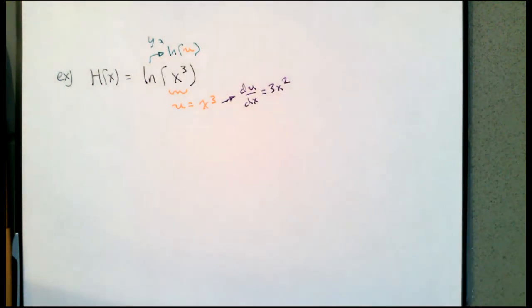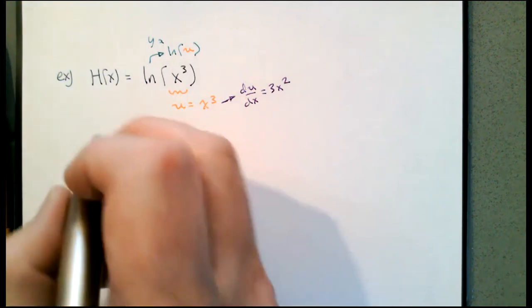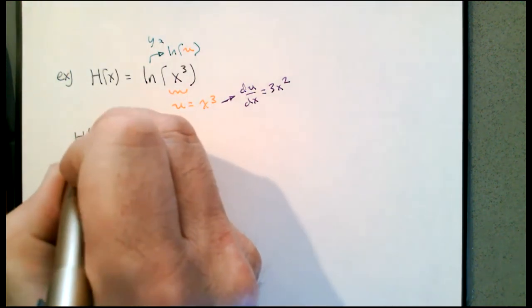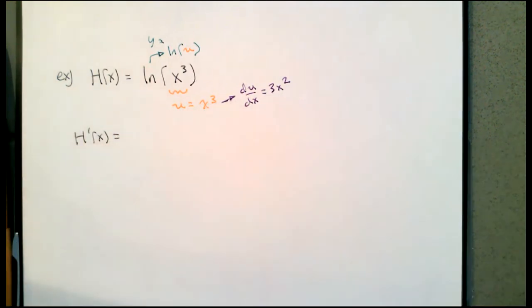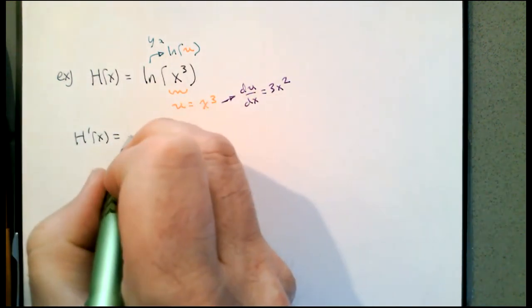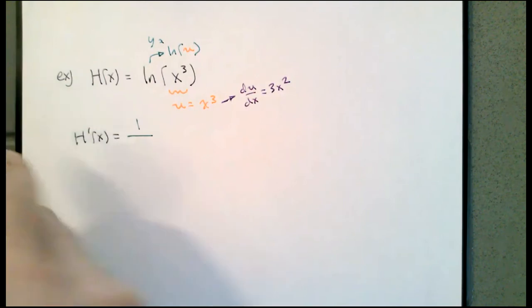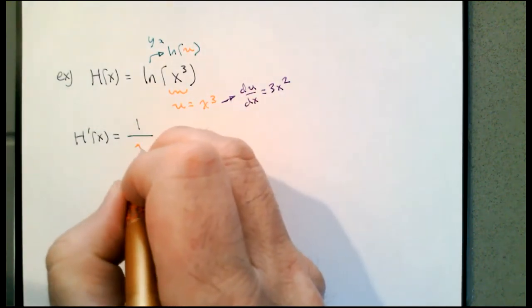So the derivative of natural log of x cubed is 1 over x cubed times the derivative of x cubed.